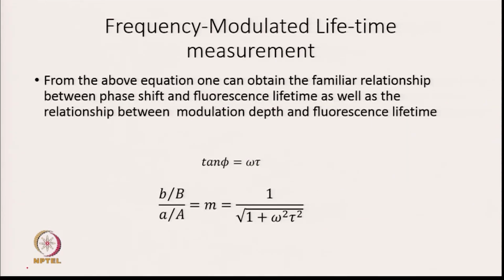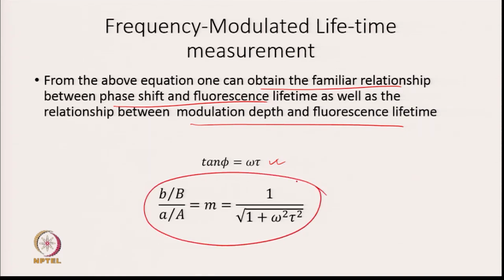And from the above equation, one can obtain the familiar relationship between phase shift and fluorescence lifetime, as well as the relationship between modulation depth and fluorescence lifetime. So, tan phi is equal to omega tau, and we can get this from this equation.